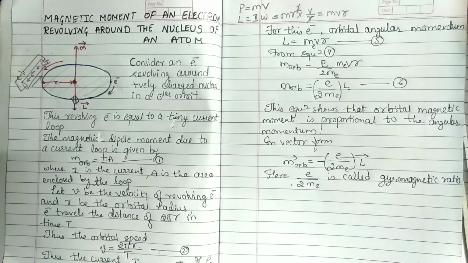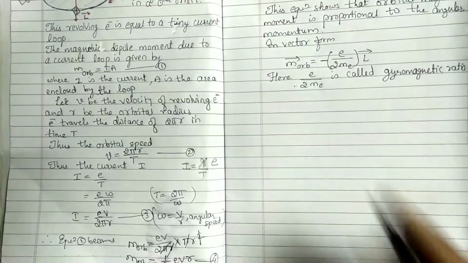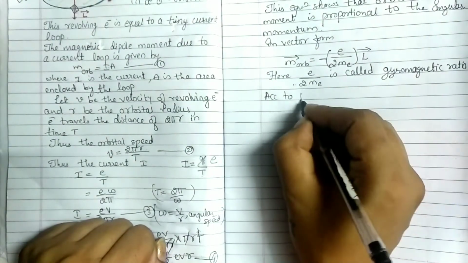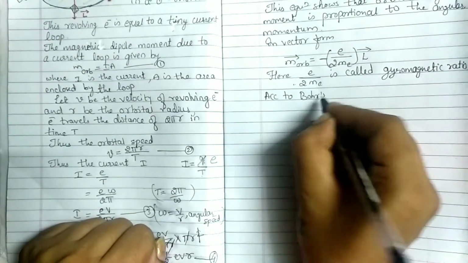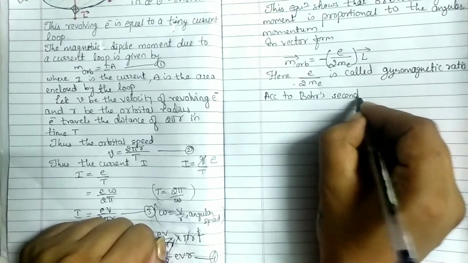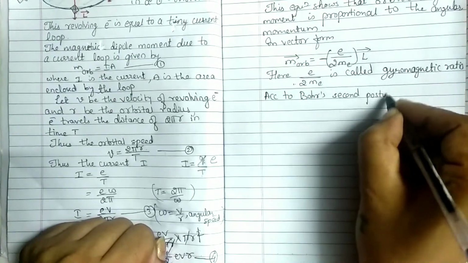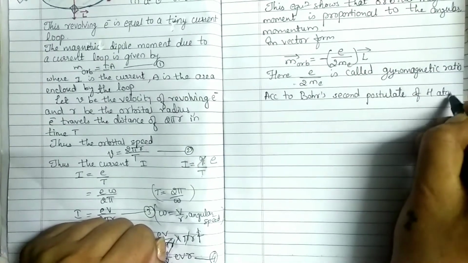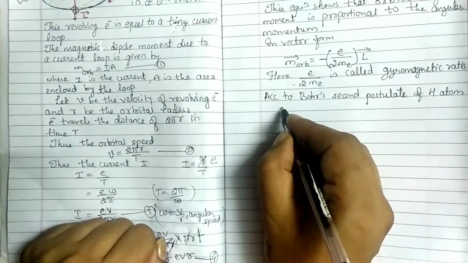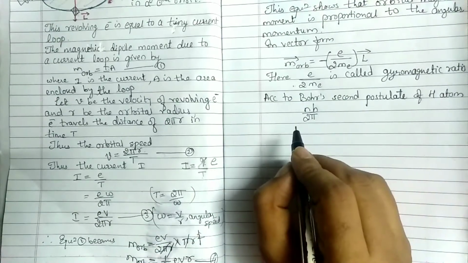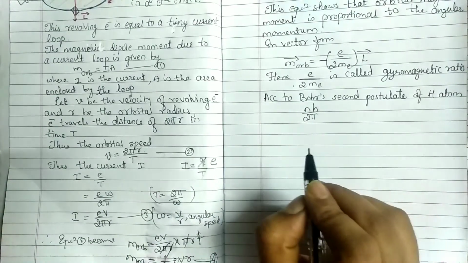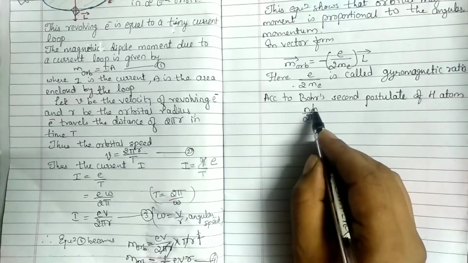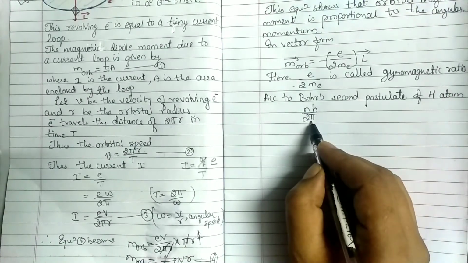So if you proceed further, according to Bohr's second postulate of the hydrogen atom, it states that the angular momentum of the revolving electron in a certain orbit is nothing but an integral multiple of h by 2 pi.